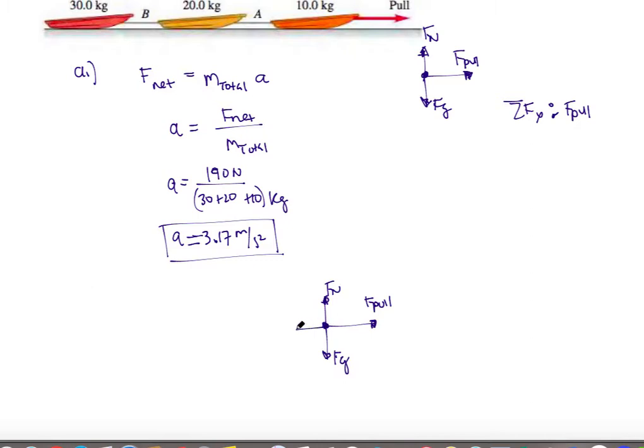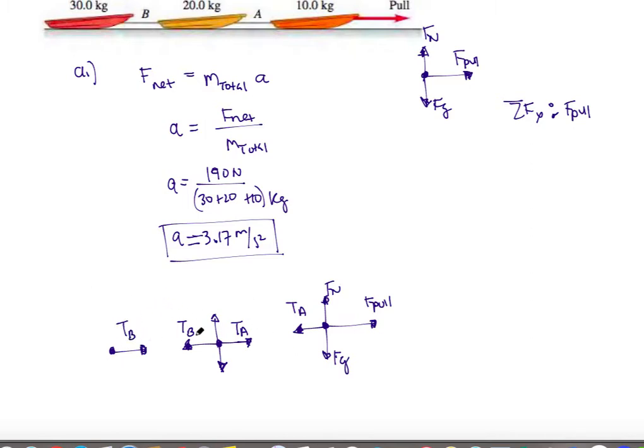And then I have tension A pulling to the left. Then I'm going to do the same thing for the next boat. So I have tension A pulling this boat to the right, and tension B pulling to the left. So I can do my normal and gravity, but I'm not even going to label them. They're not worth it. Then I have, for the last boat, only tension B pulling.